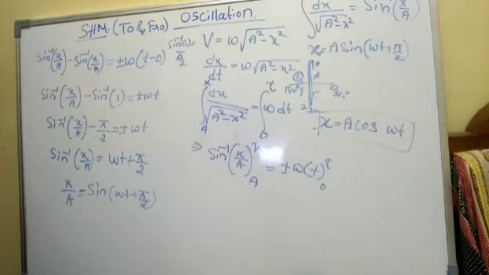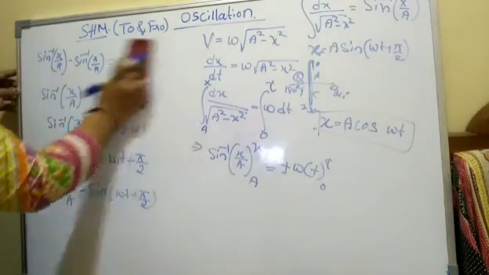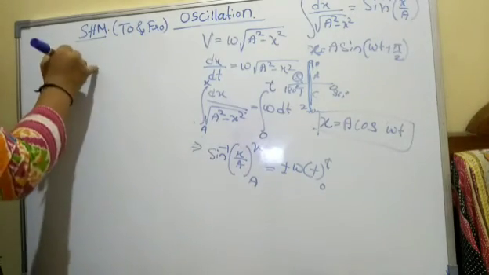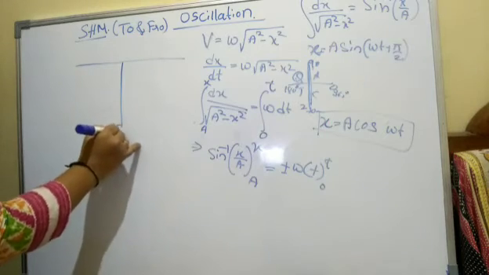So this is the general equation of a particle when it is at the extreme position, showing the to and fro motion between the mean position and the extreme position. To understand this here, I'll write it one more time, the diagram. So just concentrate here. So this is the mean position.